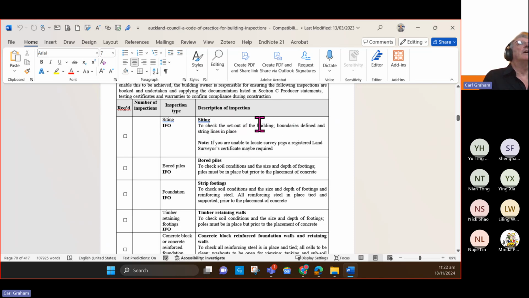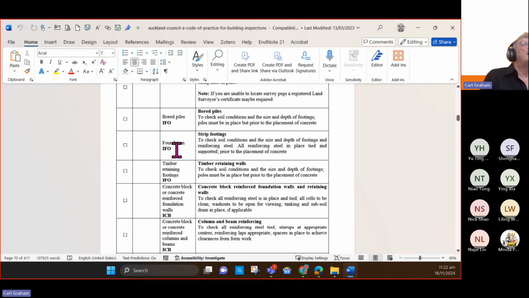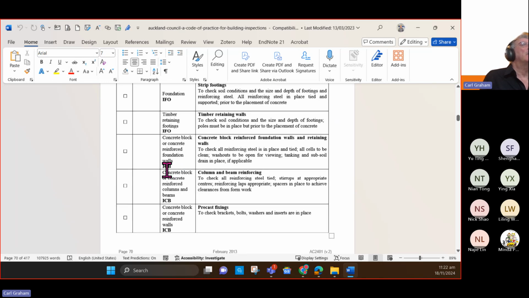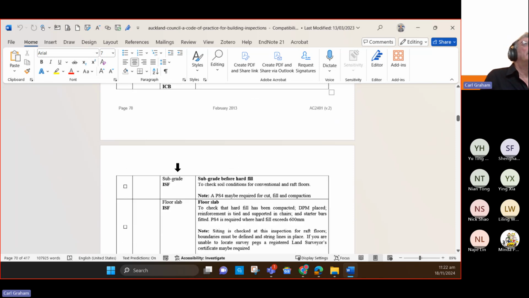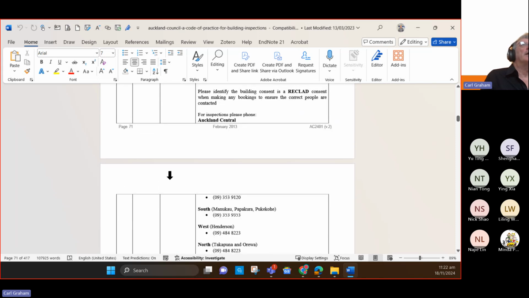So basically siting, right? A foundation siting, a foundation piles, a foundation strip footings, foundation timber retaining wall, then concrete block, ICB, inspection concrete block. So I'm imagining that Auckland Council probably still uses the same tabs when they're doing stuff. So that's what that's about, okay?